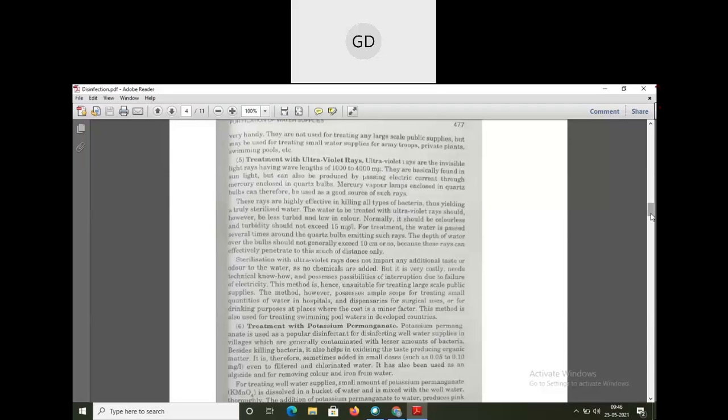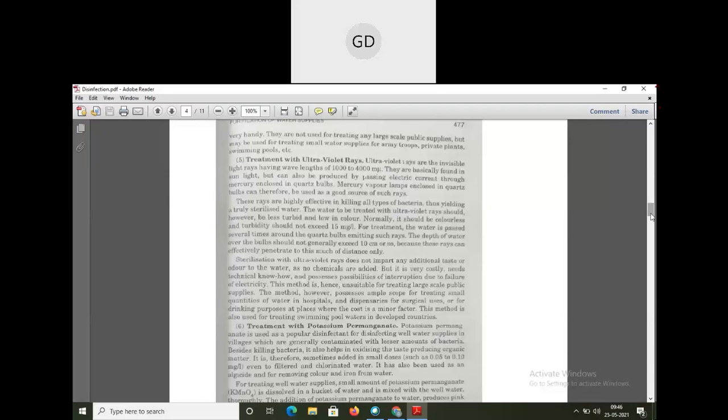These UV rays are highly effective in killing this type of bacteria, so obviously it will kill the bacteria. Also, the water treated with ultraviolet rays should have low turbidity.